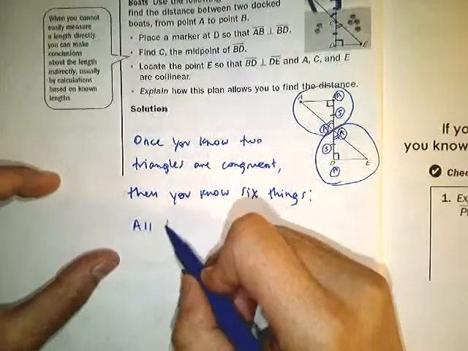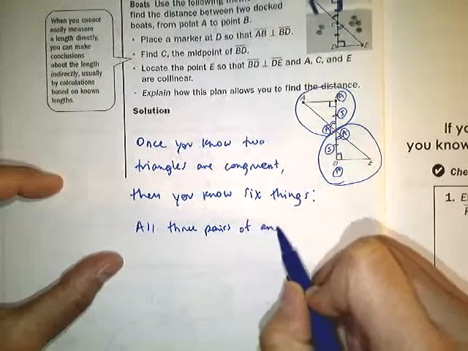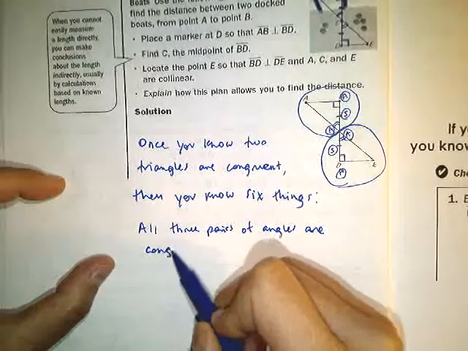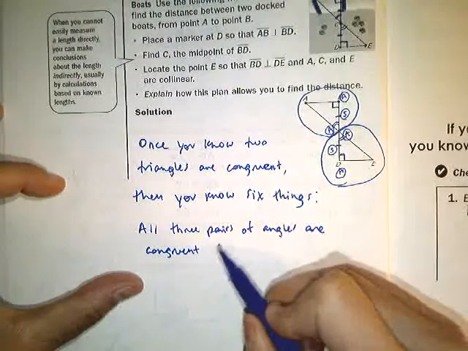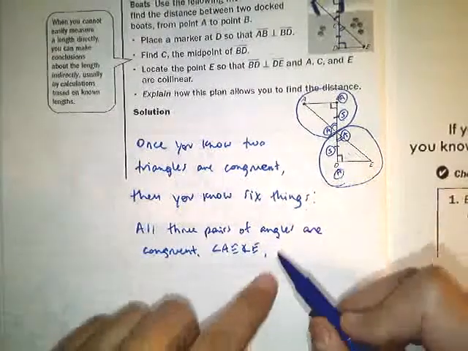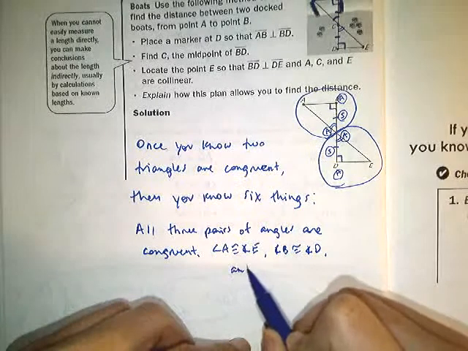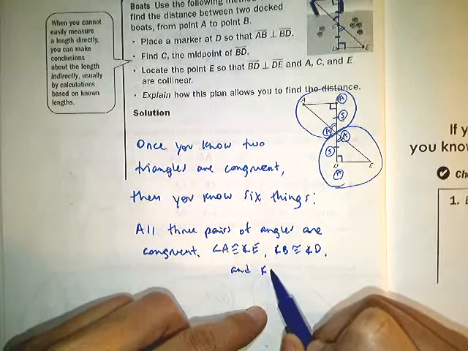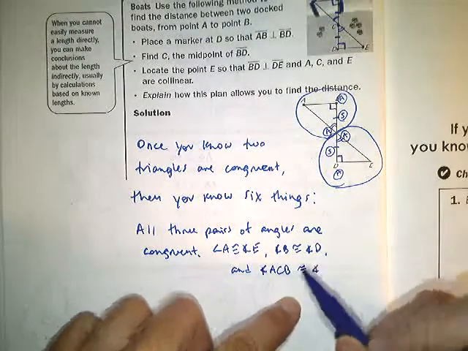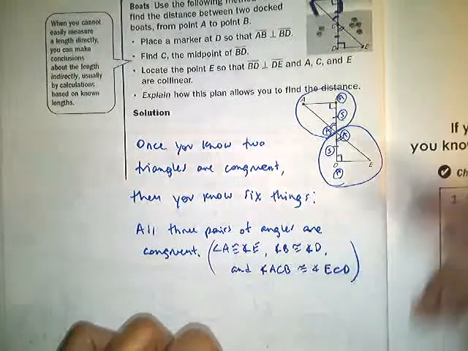All 3 pairs of angles are congruent, right? So angle A is congruent to angle E in this example. Angle B is congruent to angle D, and angle ACB is congruent to angle ECD. Okay, that's in this specific example.